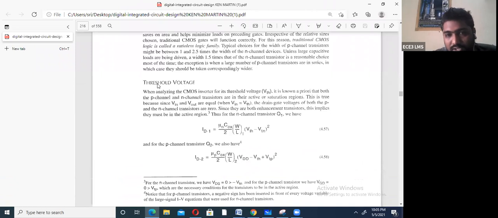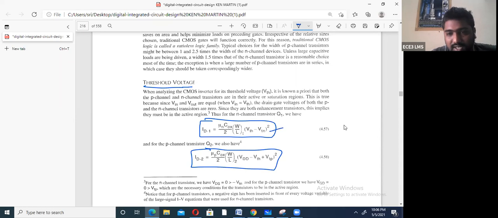So to find the threshold voltage of the CMOS inverter, what is the condition? Both the transistors are in the saturation region. When both the transistors are in the saturation region, we have to equate. 1 means NMOS, 2 means PMOS. This is the saturation current of NMOS.